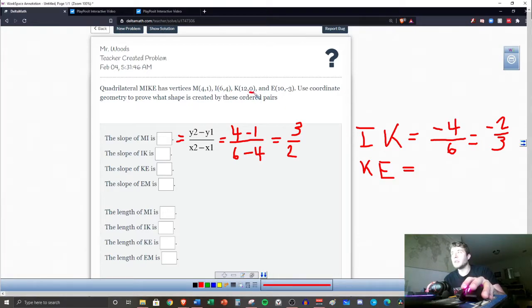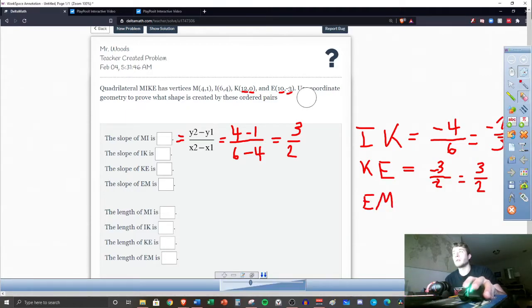As I go from 0 to -3, that means we're taking away 3. 12 to 10, we're taking away 2. And so these slopes are going to become positive, 3/2.